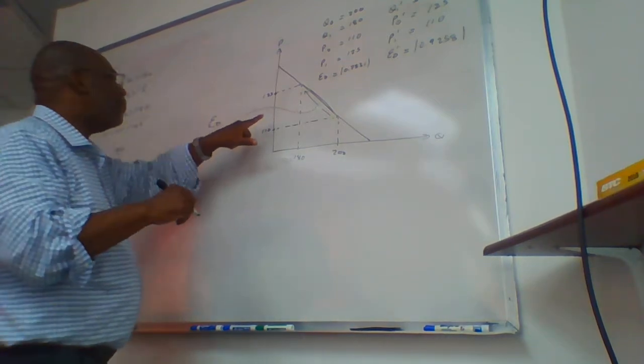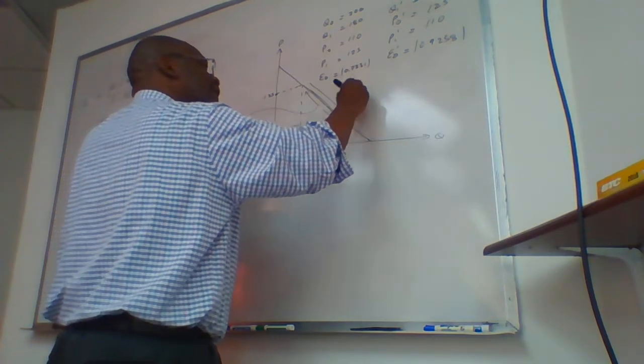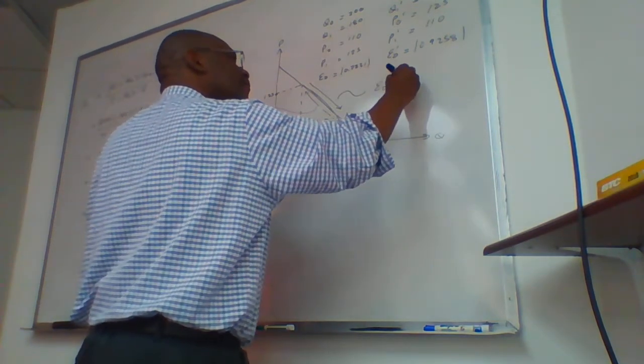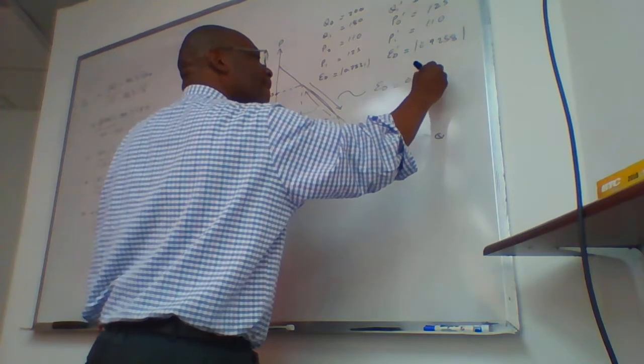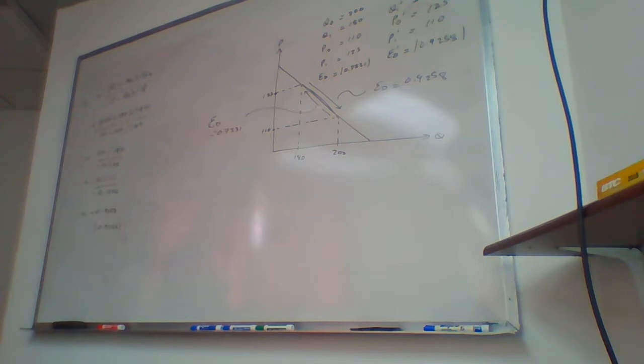When we went up, we went 0. When we went back down, we had elasticity. You have the feeling, but how can we translate that feeling into some economic rationale?